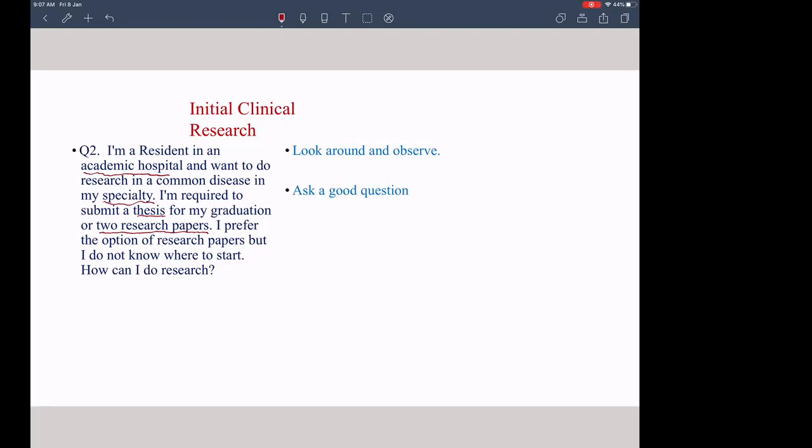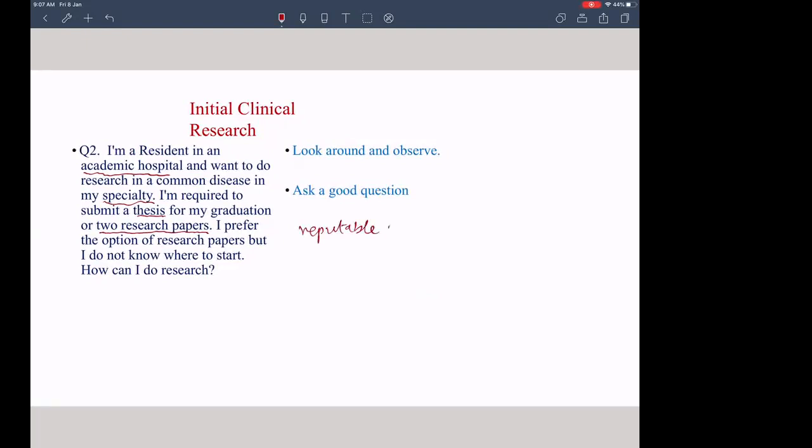So the comfort in a research paper is that whatever you submit has already been seen by independent reviewers. This is how it is published in a reputable journal. What are the reputable journals?